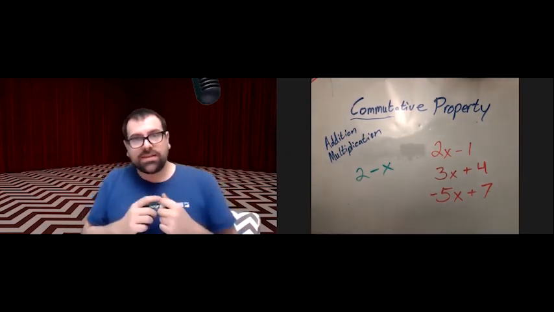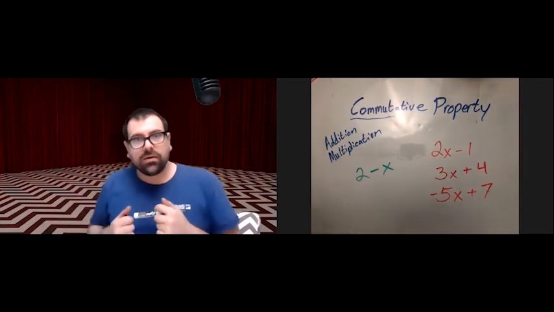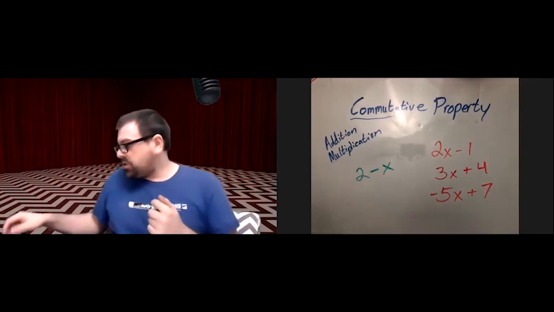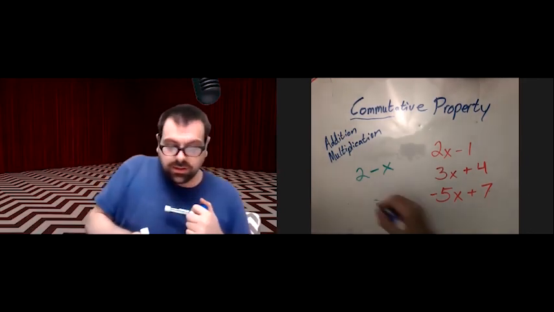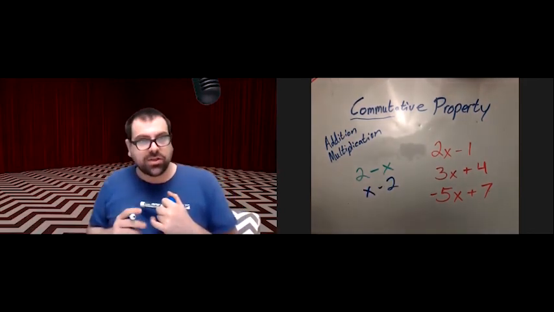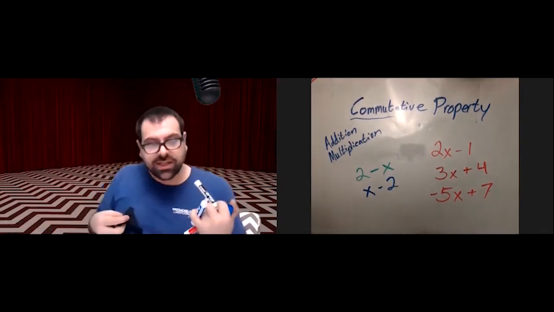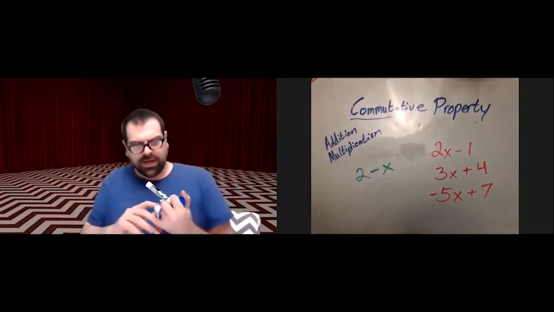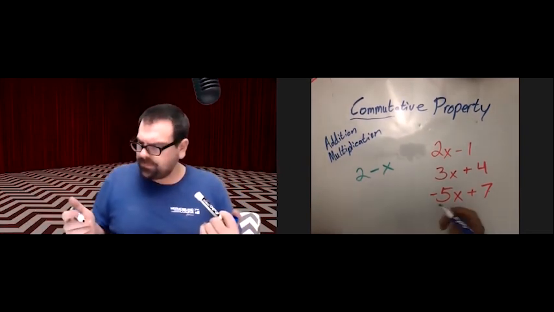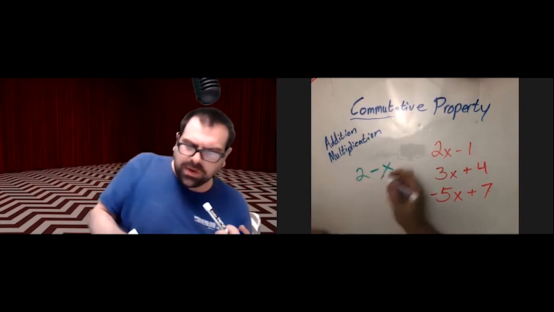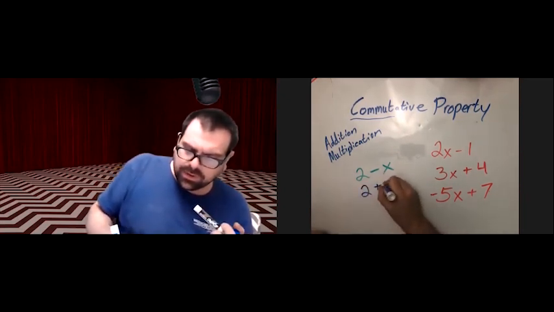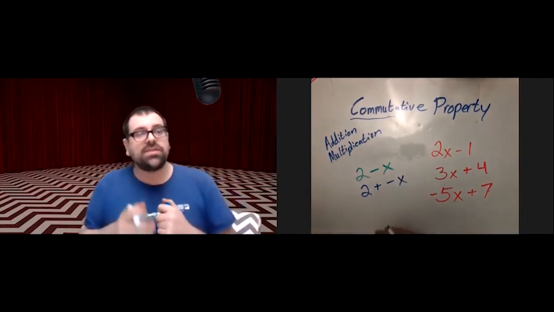Maybe we don't want it this way. Maybe we want it like all the other ones were. You can't just make it x minus 2, that changes it. And I'm going to do a little more focus on that in a second. What you would have to do is realize that that is 2 plus negative x.